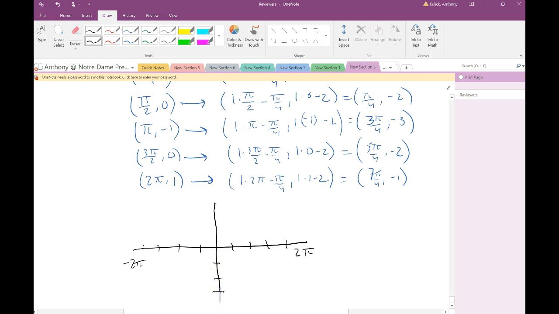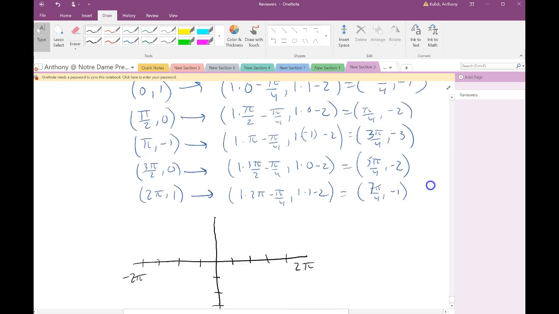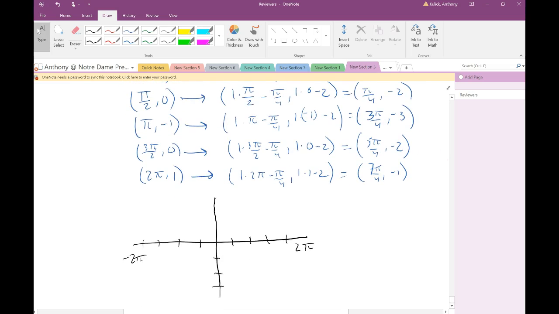Give myself a little bit more space to work with. So my first one was negative pi over 4, negative 1. So this guy is like negative pi over 2, so halfway in there is negative pi over 4. And then I have positive pi over 4, which is going to be over here, negative 2.